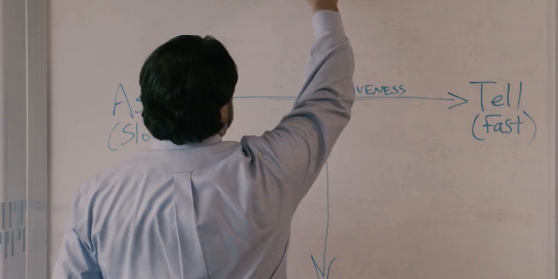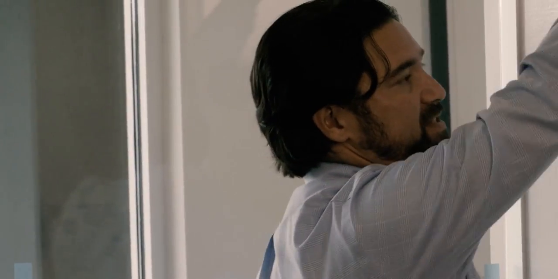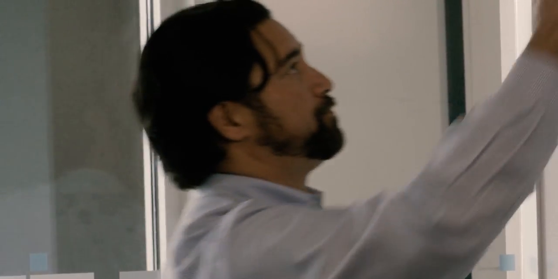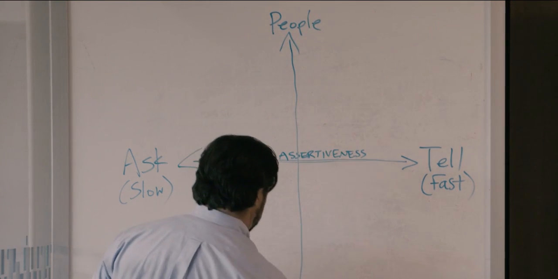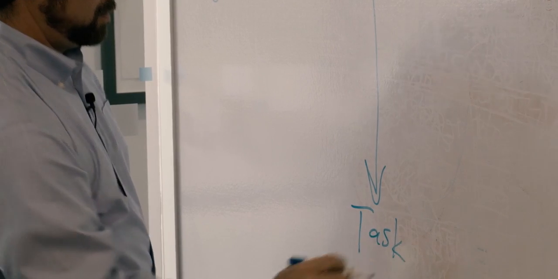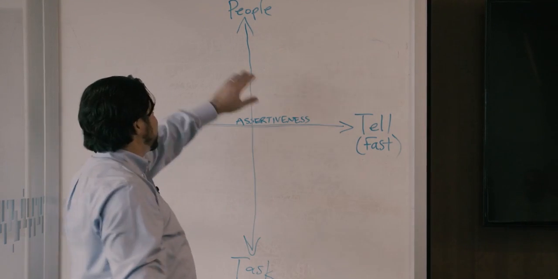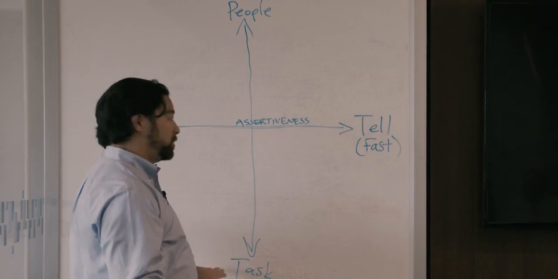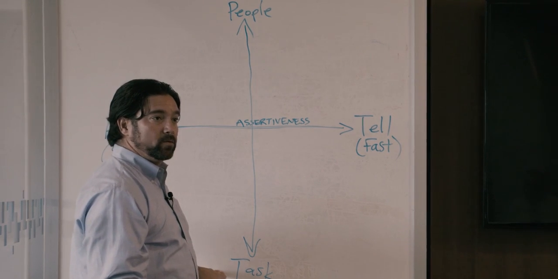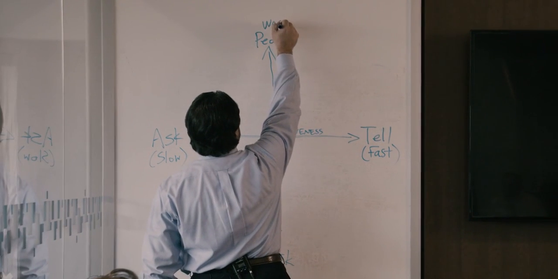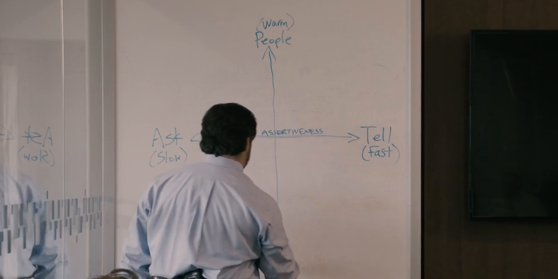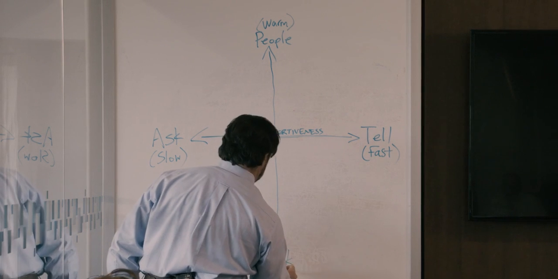then I get to go to my y-axis. Now this is what we call the responsiveness axis. This will tell us how people actually respond to this stimulus. Does this person respond to people or tasks? What do I mean by that? This is where I wish I was Jim Gebhardt tall.